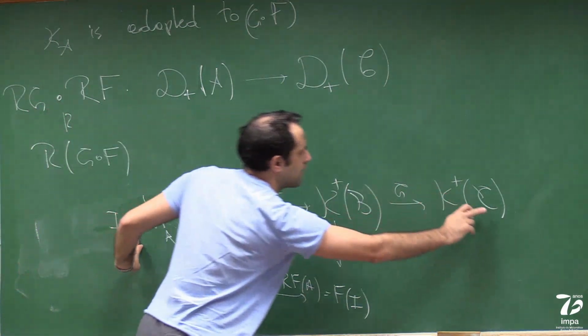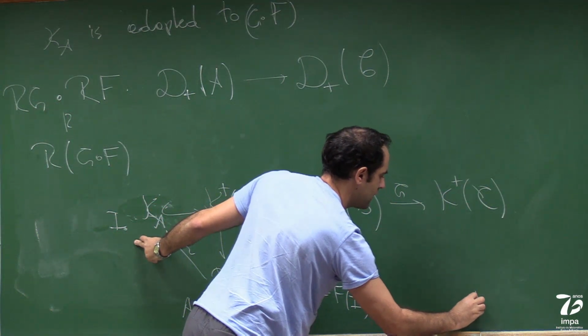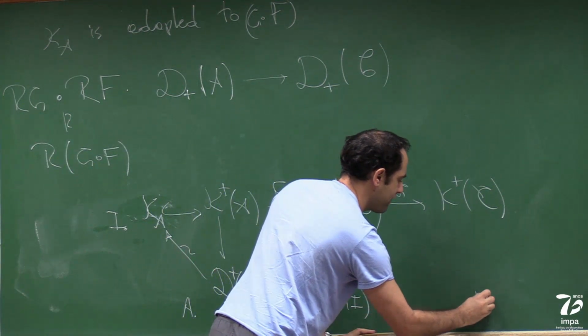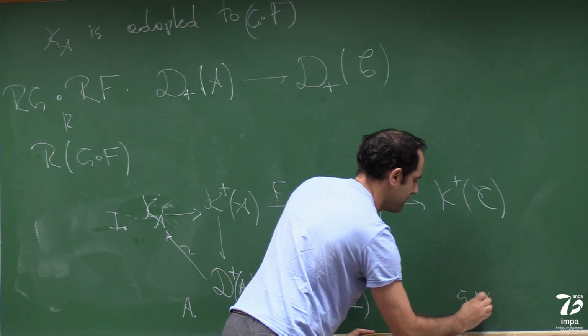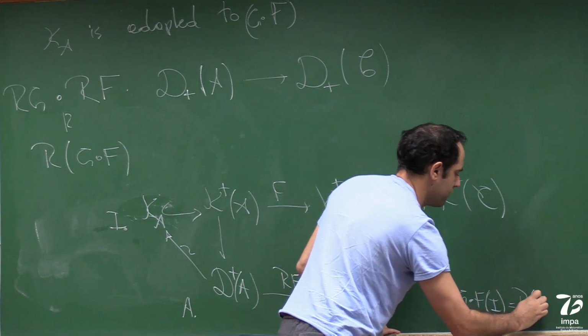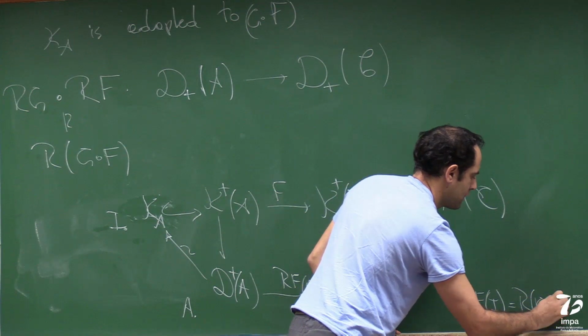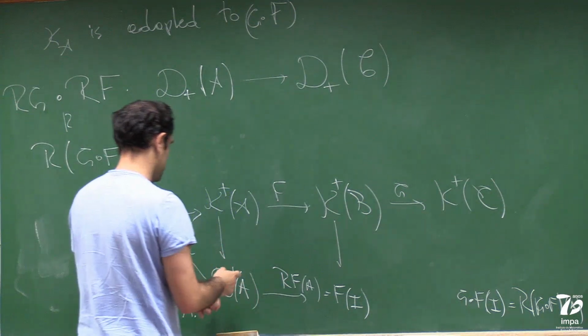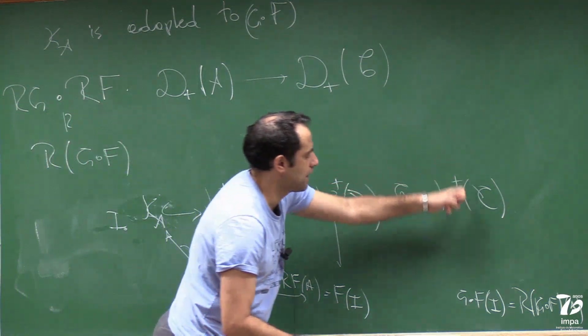If I stop at G composed with F, I will do G F of I, and this is R of GF of A. This is the definition. Just compose these two functors, map it there.